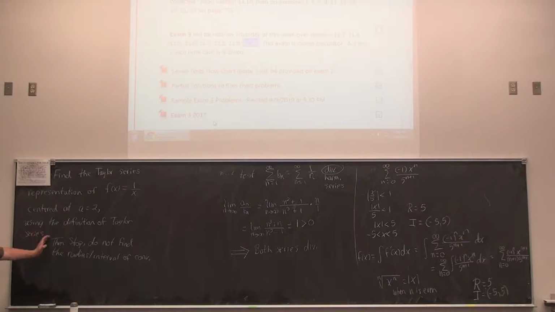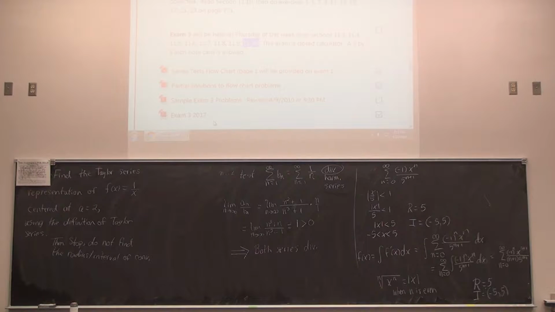So whenever you see something that says, then stop, on the exam question, that's really just for the time's sake. There may be more that you could say about that series, its radius or interval of convergence, but that would be like doing 3 or 4 problems if we did everything. So we're just going to find the representation and move on to control the length of these problems. So keep a keen eye for this kind of stuff.